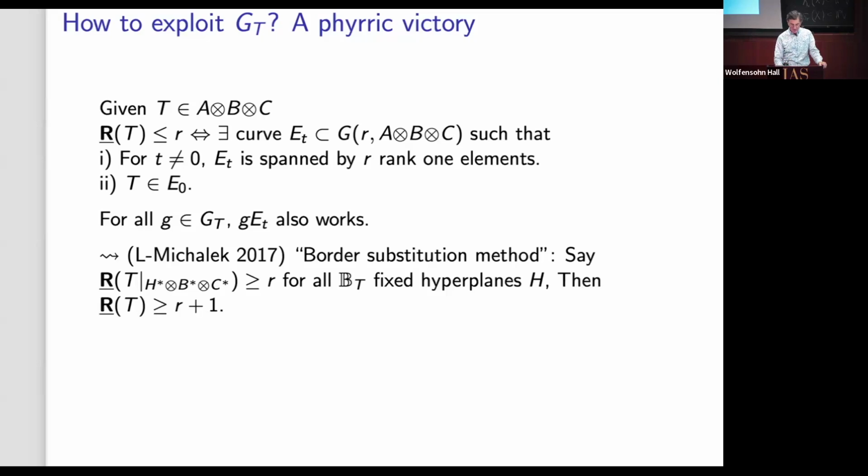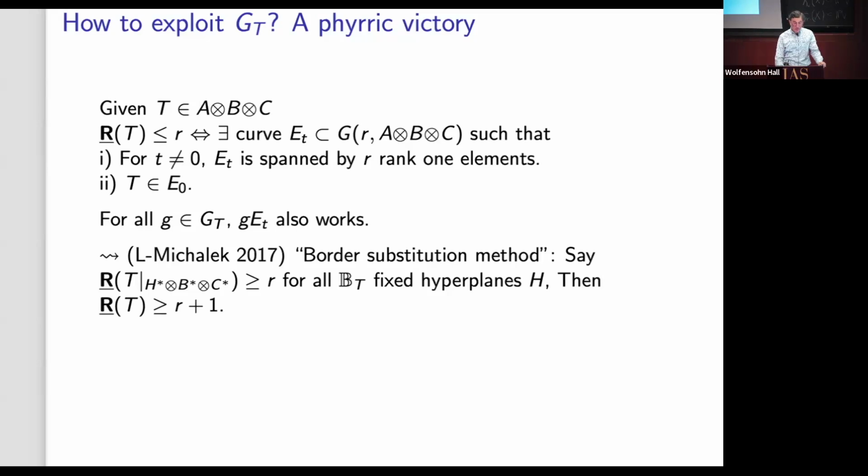That means that if you restrict to all Borel fixed hyperplanes, we can upgrade a classical theorem to say that we can reduce our tensor problem to a tensor in one dimension smaller, and we can keep doing this for a while as long as our groups hold out and keep helping us.